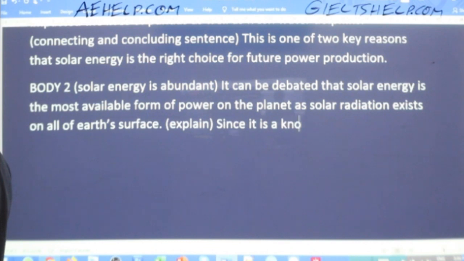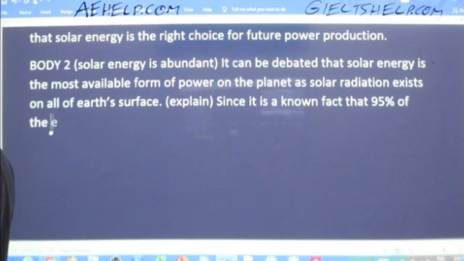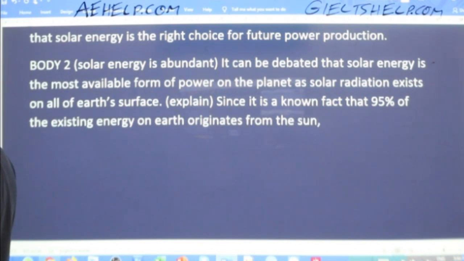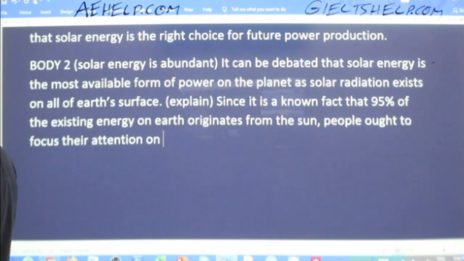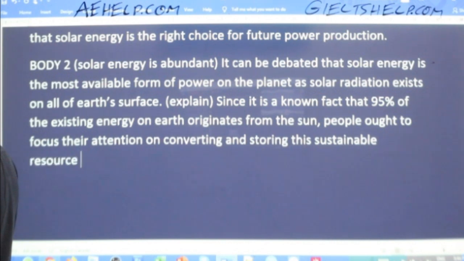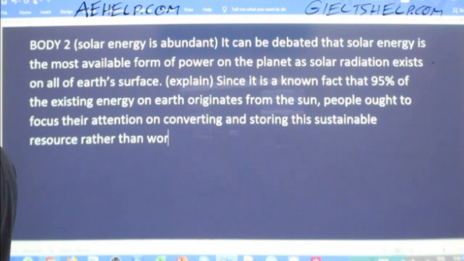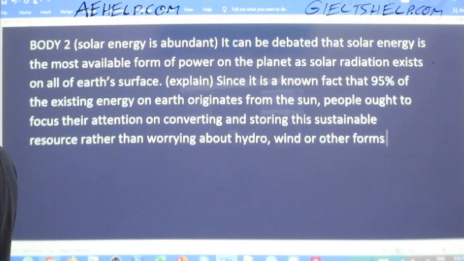Since it is a known fact that 95% of the existing energy on Earth originates from the sun, people ought to focus their attention on converting and storing this sustainable resource rather than worrying about hydro, wind, or other forms of renewable power.